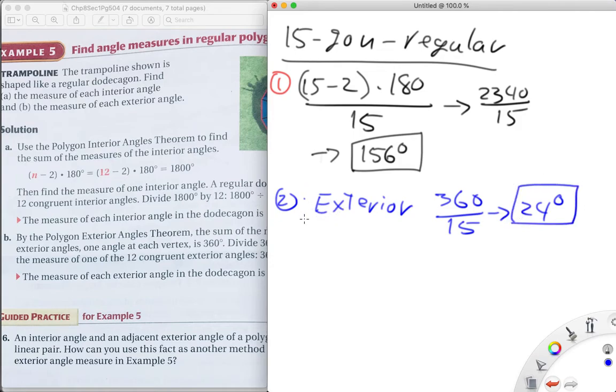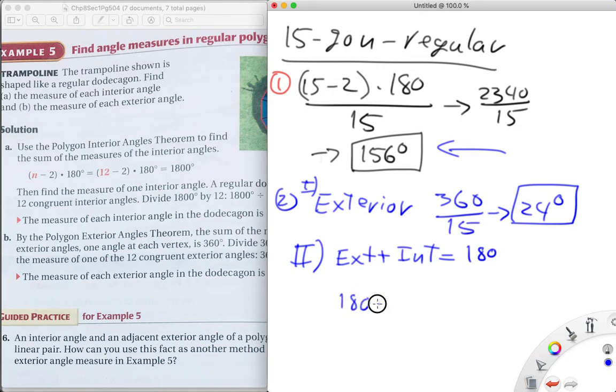That's one way of doing it. Or I could just subtract the interior angle from 180, because I know that they form a linear pair, so they equal 180. If I already know what the interior angle is, I can subtract it from 180, and I get 24 that way as well.